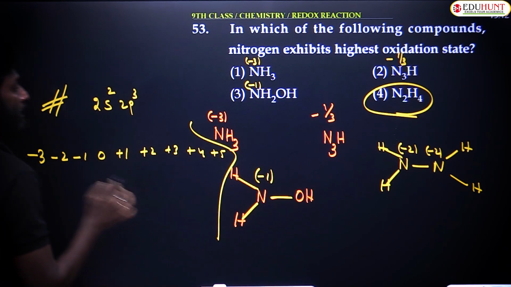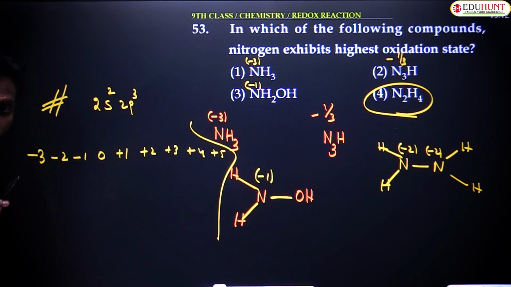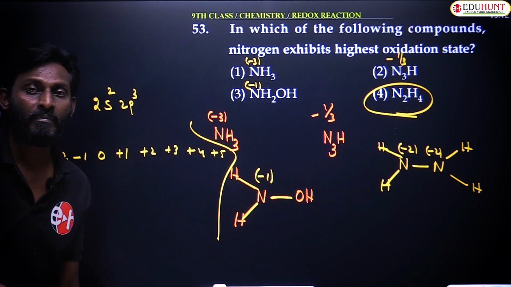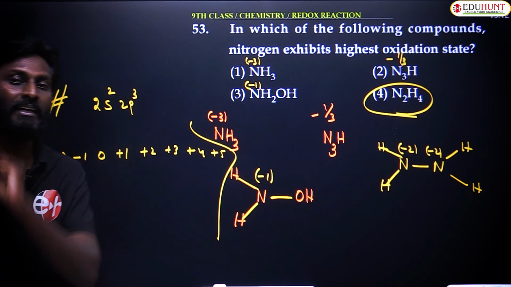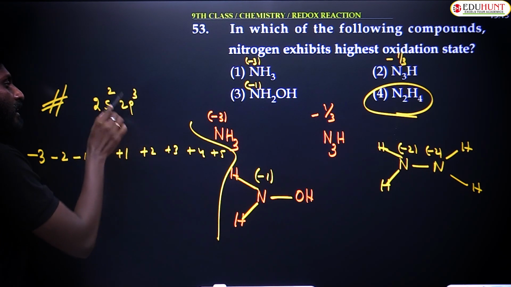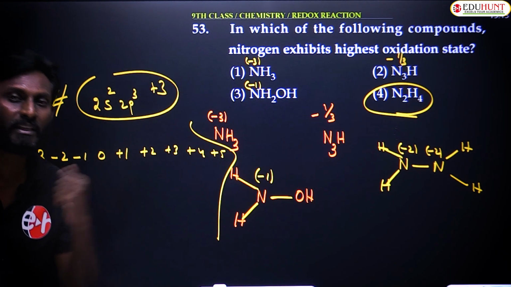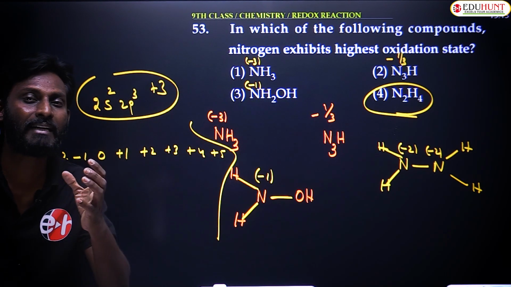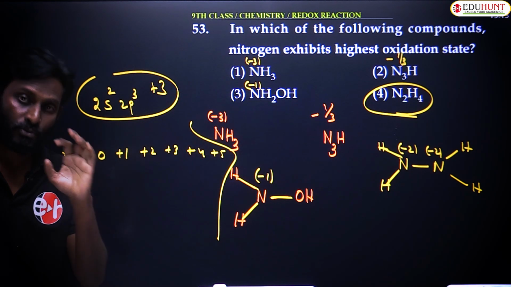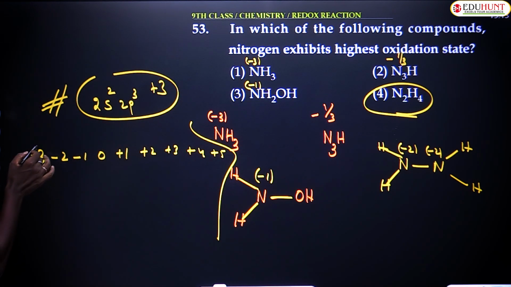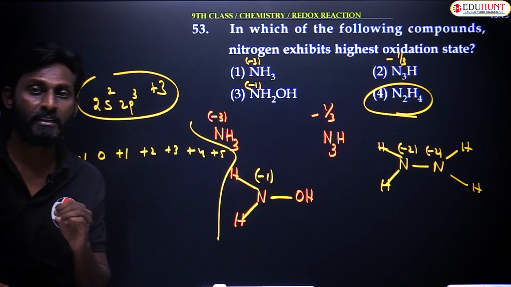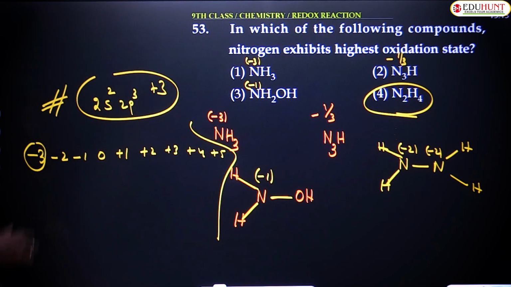By gaining 3 electrons, it becomes 2s2, 2p6, the octet configuration. So maximum it can gain 3 electrons, the most reduced state, so minimum oxidation state will be -3.